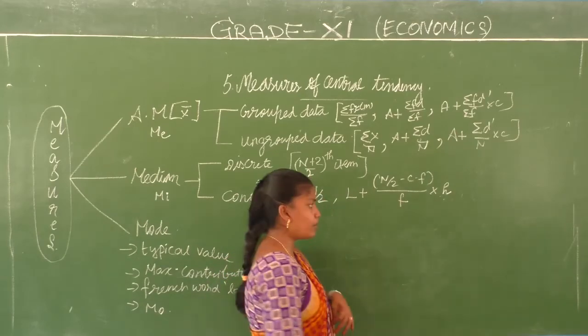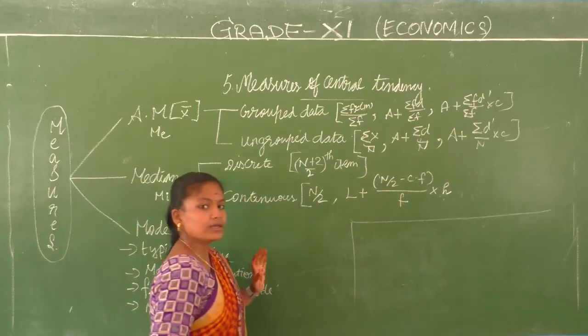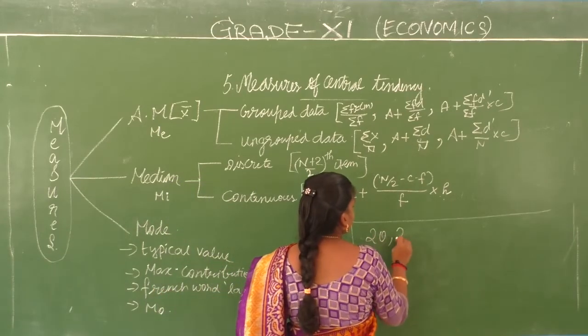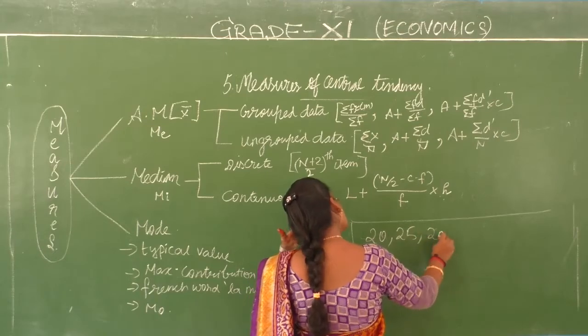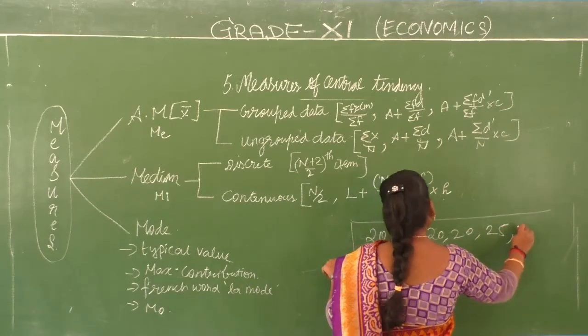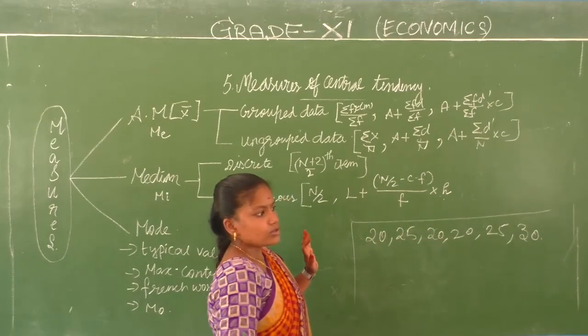When you are talking about mass of something, this is an example column you will put. So when you are going to talk about mass, one has got 20, another got 25, another got 20, 25, 30. So what do you do?